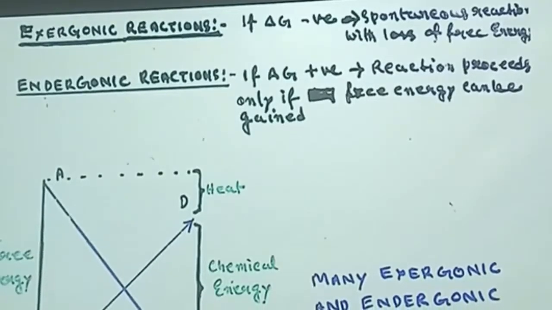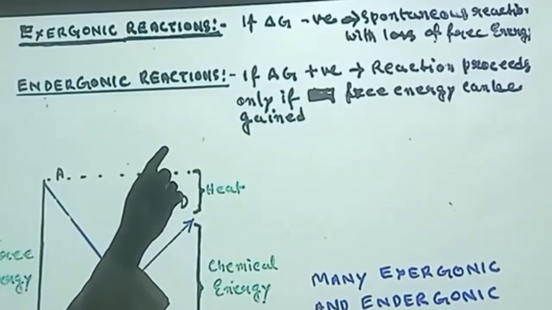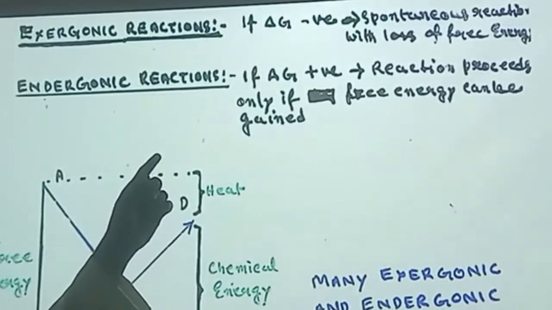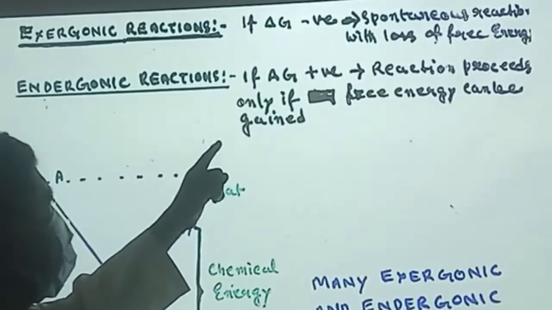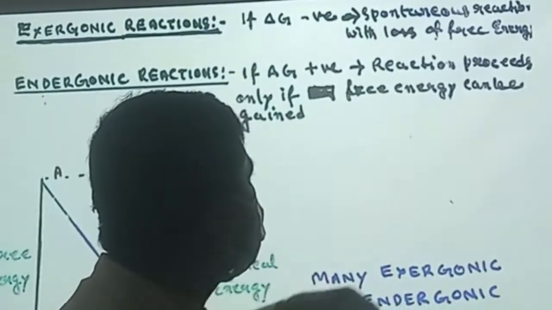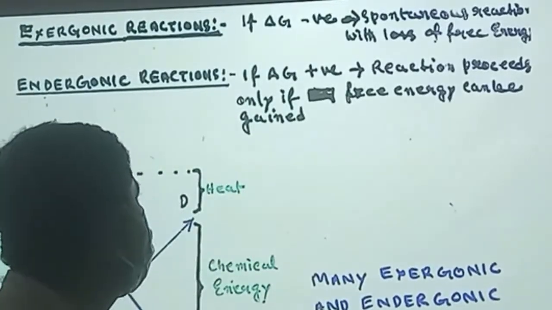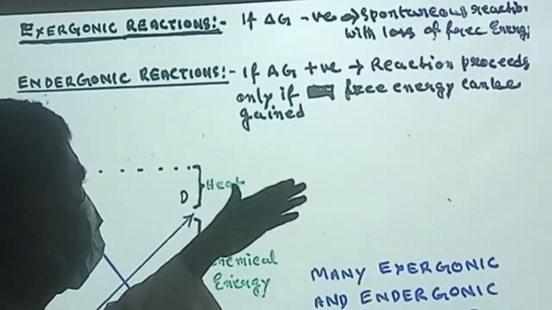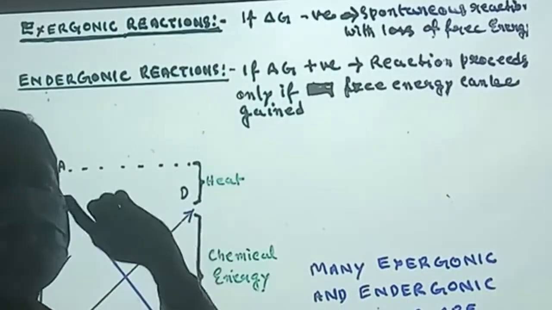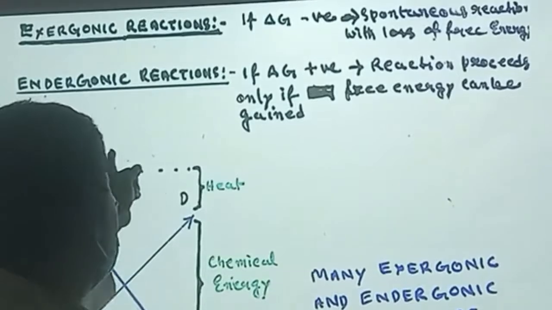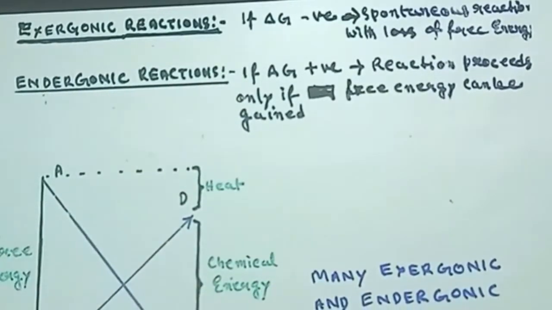The exergonic reactions, mainly the pathways of degradation, you will find a lot of exergonic reactions where energy is released. If delta G is negative, a spontaneous reaction happens with loss of free energy, and if delta G is positive, as I have already told, the reaction proceeds only if free energy can be gained. That is the endergonic reactions, where energy is required.